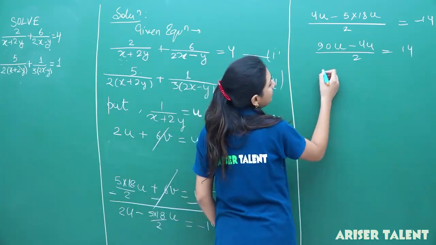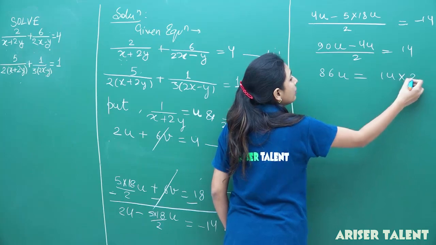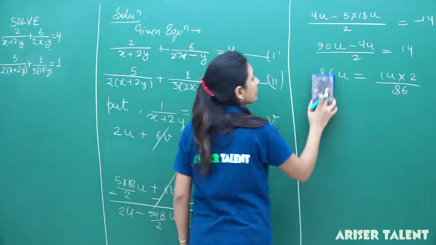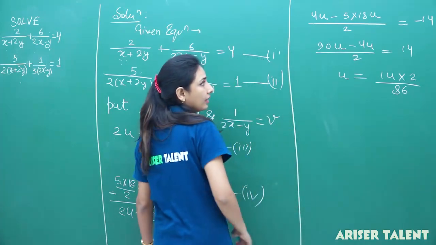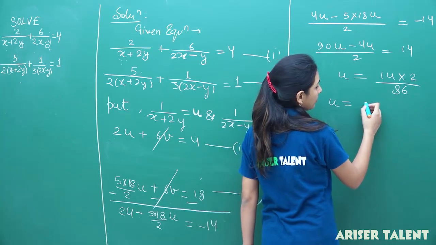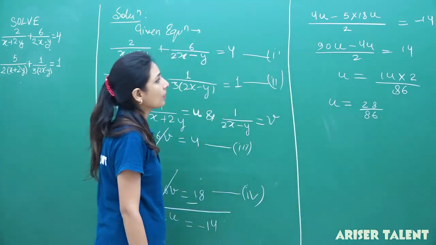So that will become minus 86u equals minus 28, or can I write 86 here, right. So that will become u equals 28 by 86.